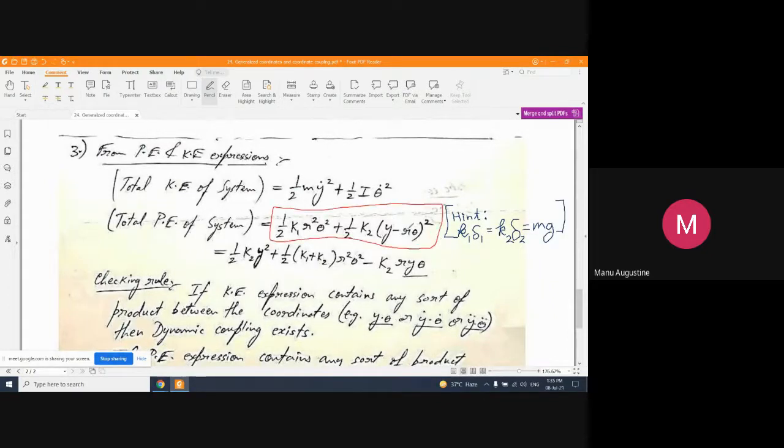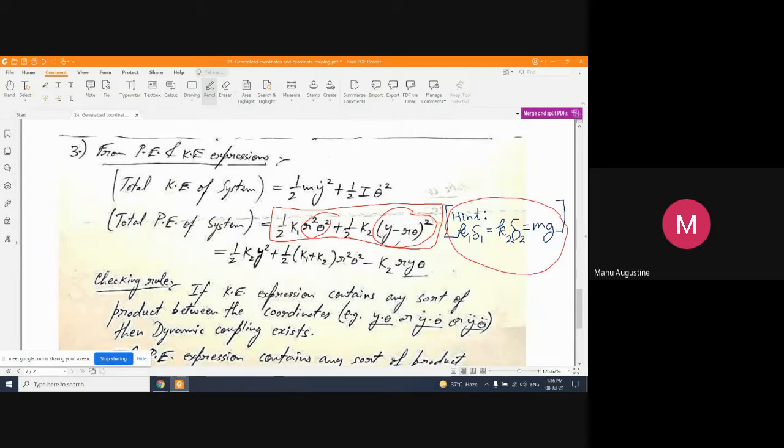As a matter of fact, all that you can see is half k into square of displacement, half k into square of displacement. So if you look at the overview of the structure of the potential energy expression of the system, you will see that I have conveniently ignored the loss of potential energy due to the mass coming down by a clear distance y. Now that is up to you. It's a challenge. The only hint that I will give is this.